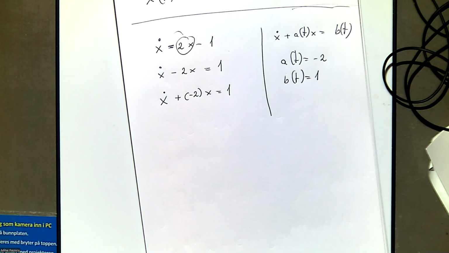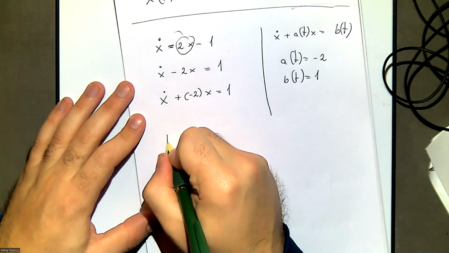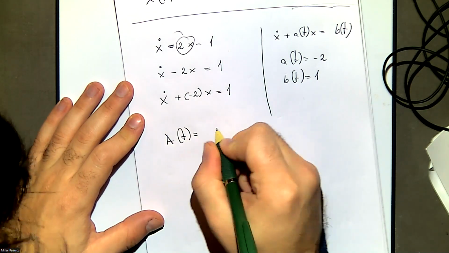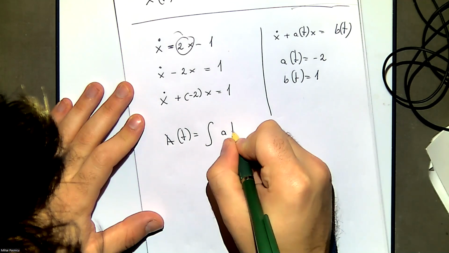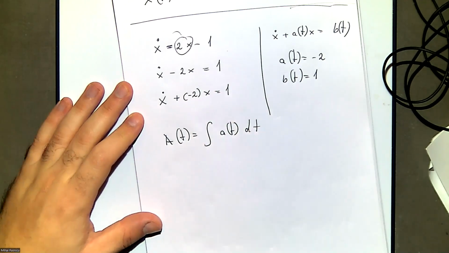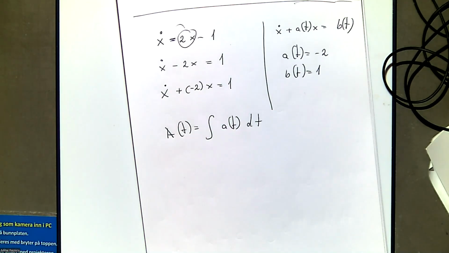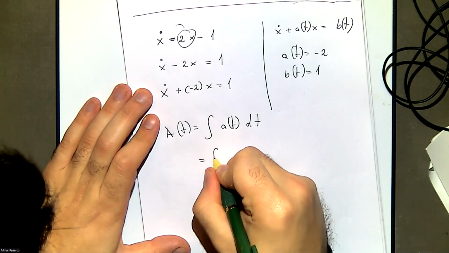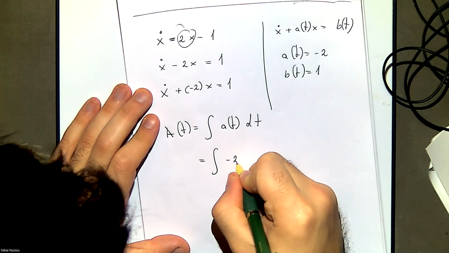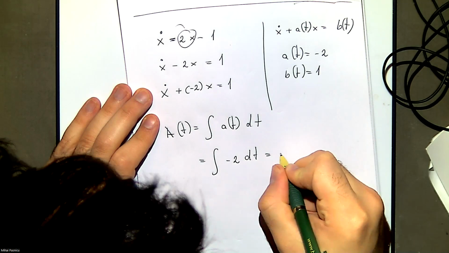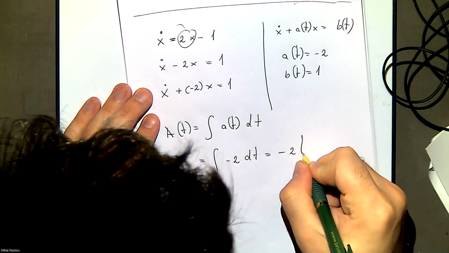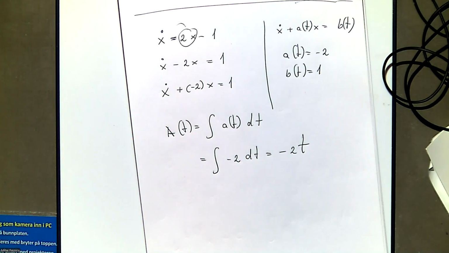The next step is we have to compute A(t), which is the integral of small a(t) dt. This is just the integral of minus 2 dt, which is just minus 2t. Now, I'm not going to write a constant. When you're computing this, you don't have to write a constant. Okay? No constant here.